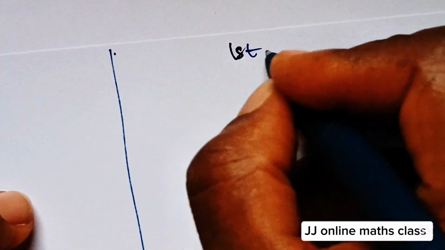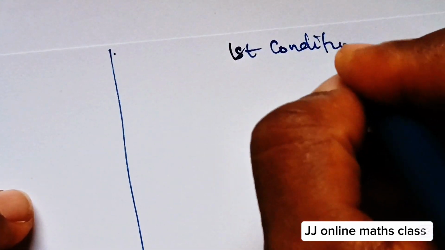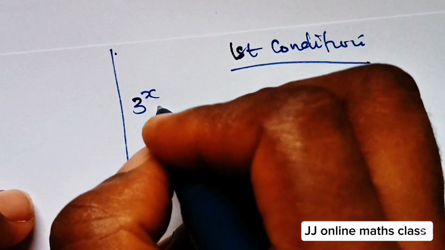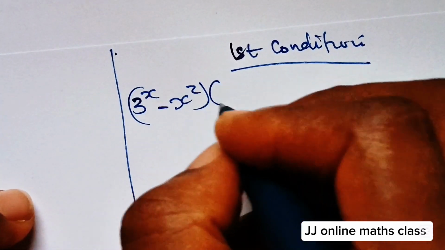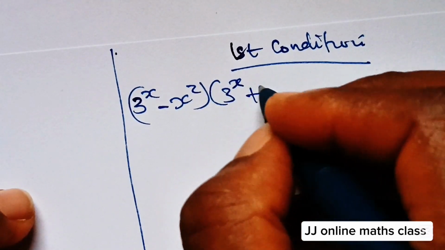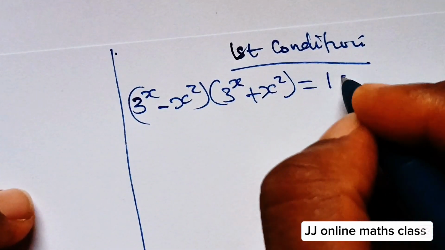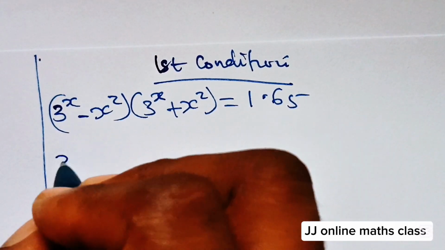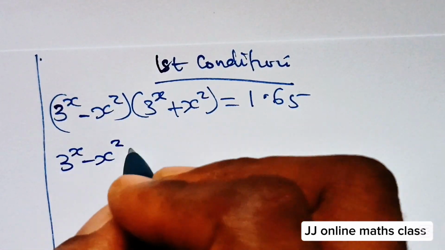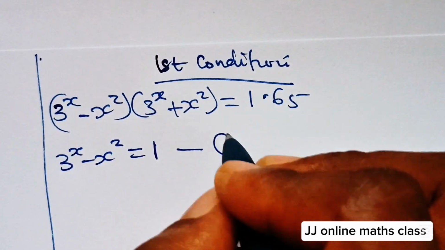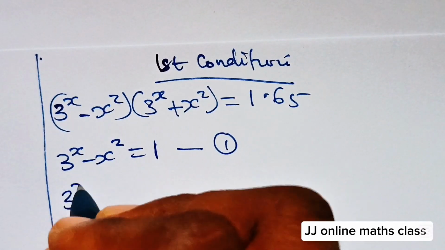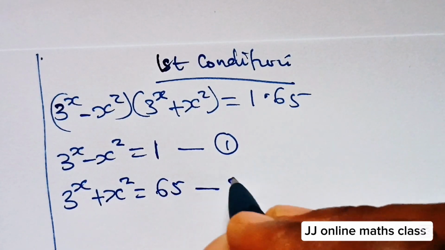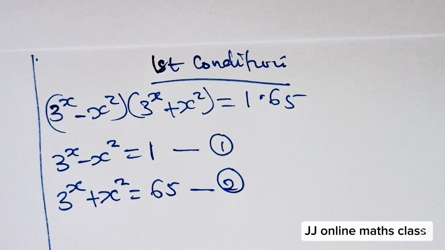Now, for the first condition, we have 3 to the power of x minus x squared multiplied by 3 to the power of x plus x squared is equal to 1 multiplied by 65. From here we can see that 3 to the power of x minus x squared is equal to 1. We call this equation 1. And 3 to the power of x plus x squared is equal to 65. We call this equation 2.